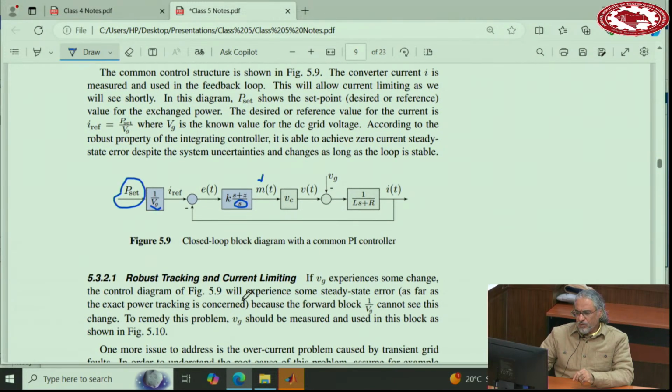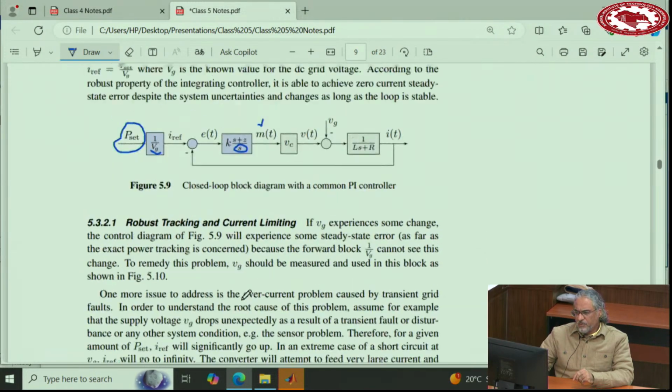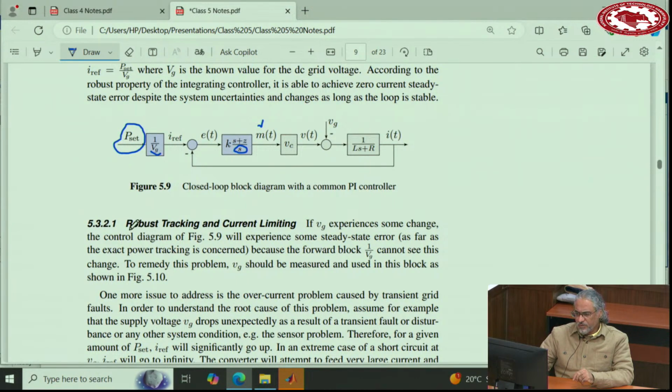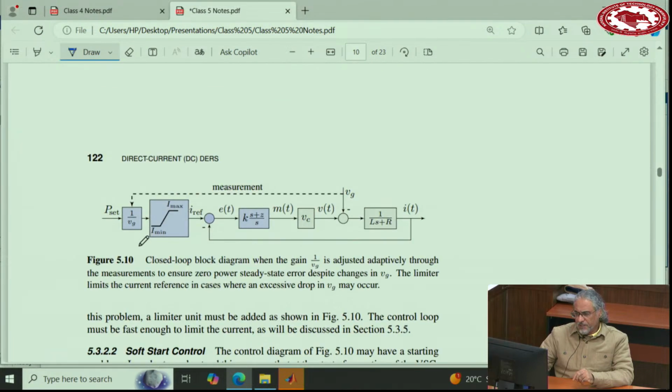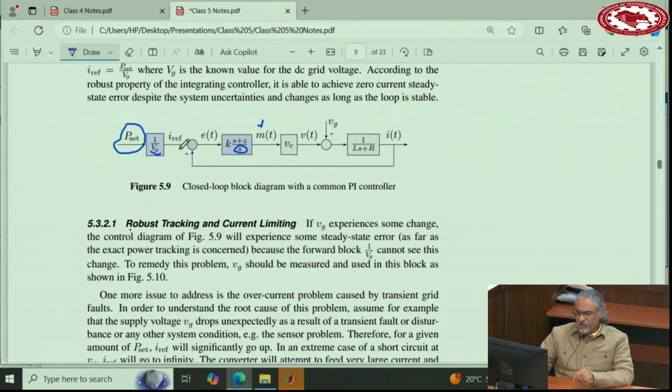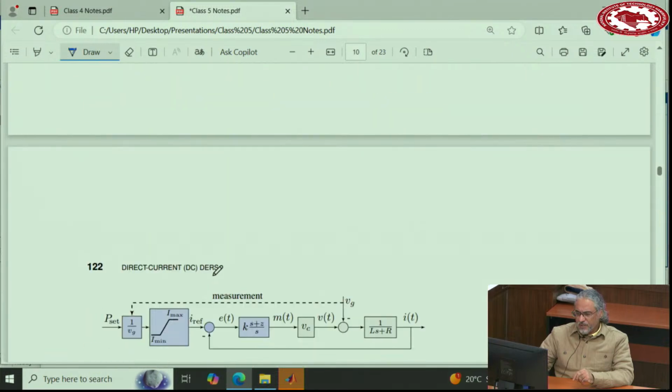Before designing, I talked about two aspects here. For current limiting, now we need to limit this part, right? If you really want to always follow P set, you need to divide P set by the actual value of the grid voltage. And when you divide by the actual value of the grid voltage, the reference of the current goes up when the grid voltage goes down.